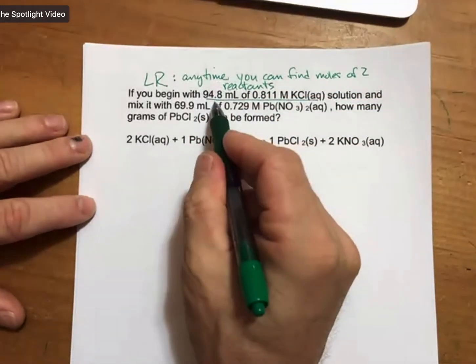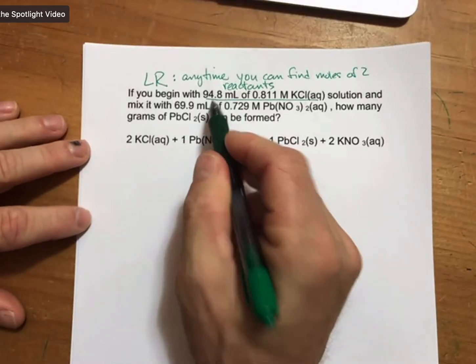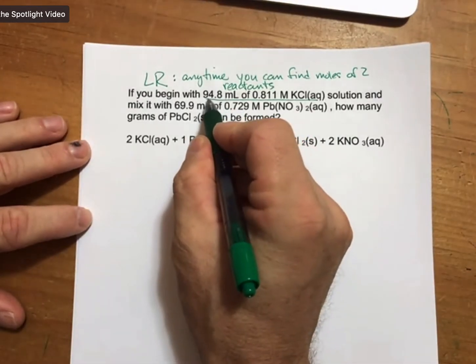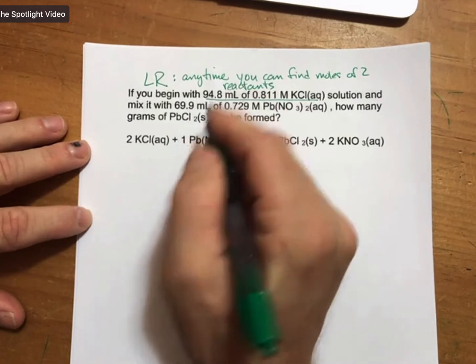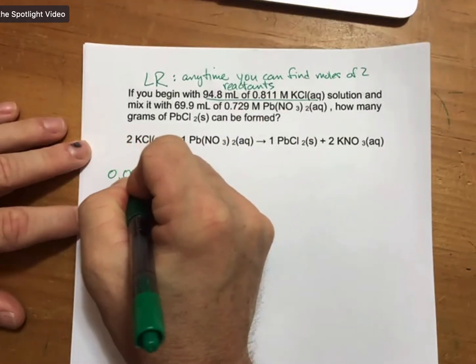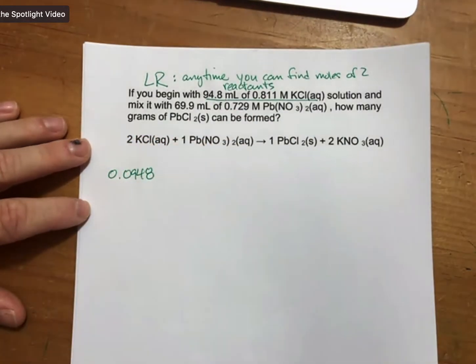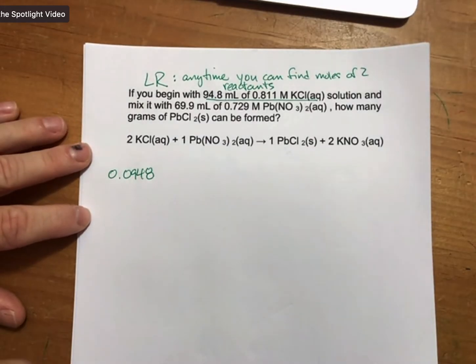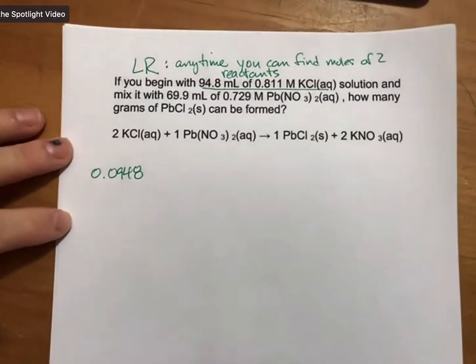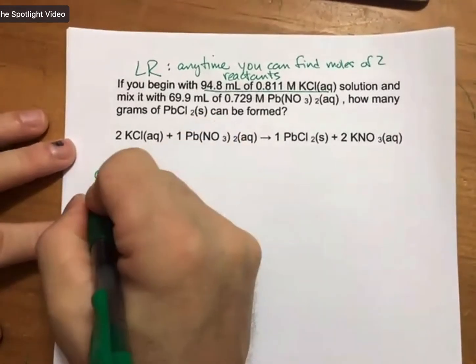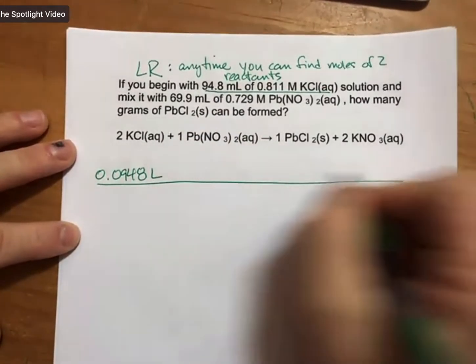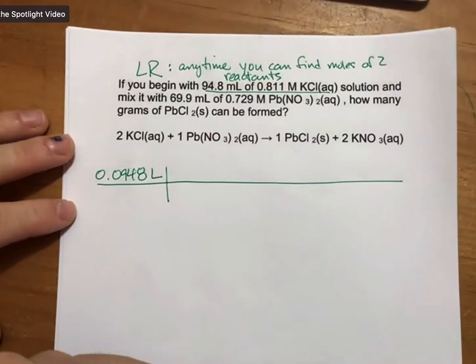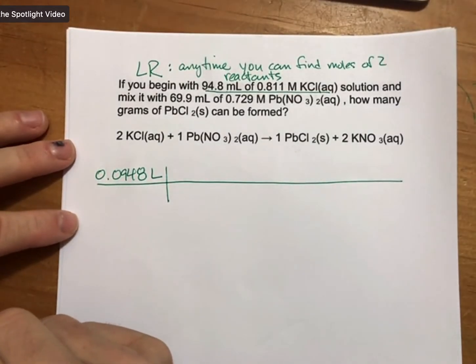I will convert my milliliters into liters by moving my decimal point 3 places to the left. I get 0.0948 liters. I'll zoom in a little. There we go. This is going to be a long stoichiometry or a long picket fence type problem.